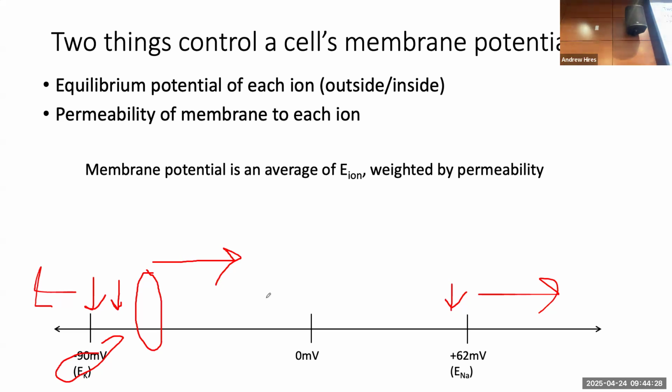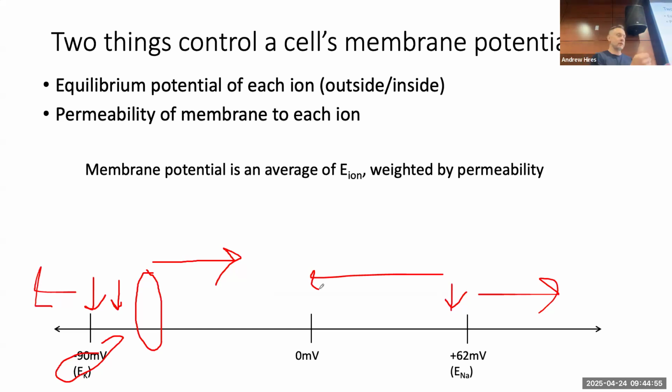We're going to move it towards the equilibrium potential for sodium. In fact, if we closed all the potassium channels and only had the sodium channels open, we'd make it all the way up here to plus 62. And if we open the potassium channels up again and close some sodium channels, we'd start moving back down towards negative 90.